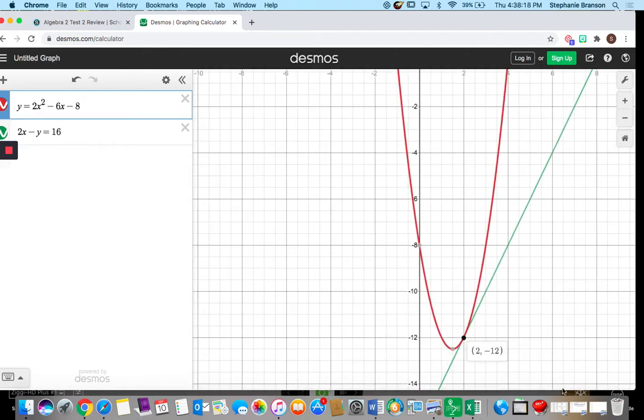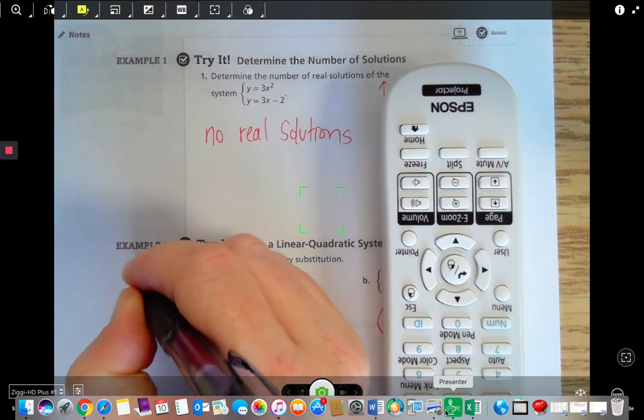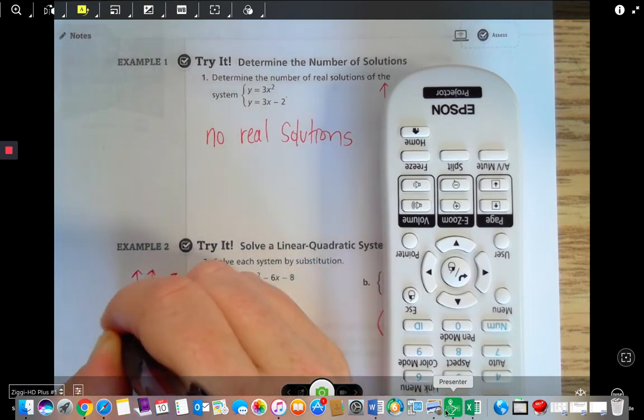This graph only crosses at one point. They only intersect at one point, and that one point is (2, negative 12). It might not be a bad idea to just show over here what the graph looked like. We had one point here that it crossed at.